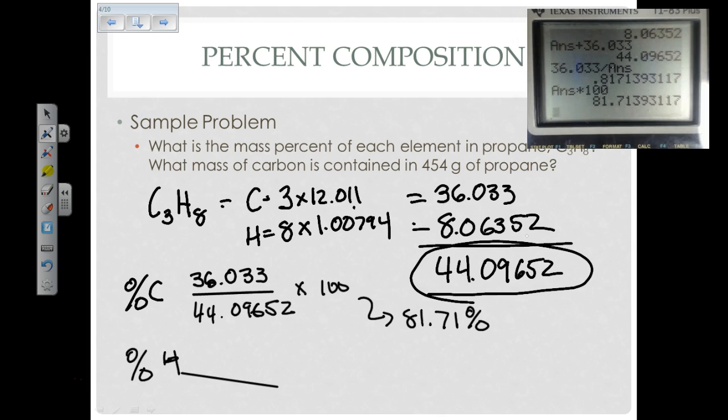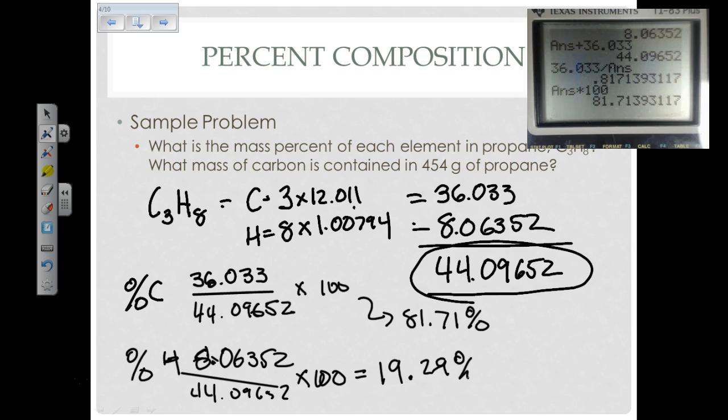And so that now means that for the percent hydrogen, you could do this one of two ways. You could do the same process, 8.06352 over 44.09652 times 100. Or you could take this and subtract it from 100 to get 19.29%.